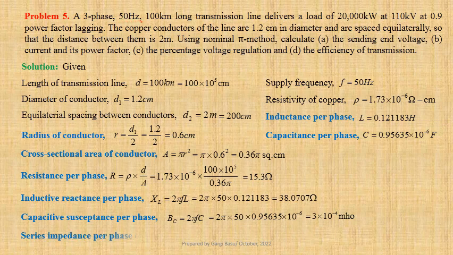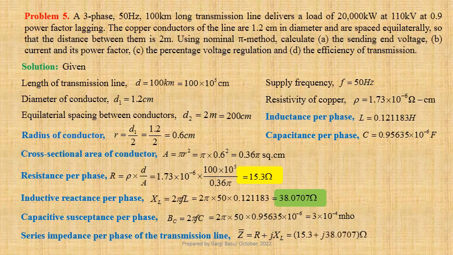Series impedance per phase of the transmission line, Z equals R plus jXL, that is 15.3 plus j times 38.0707 ohm. This may be written in polar form as 41.03 ohm at an angle 68.1 degree.